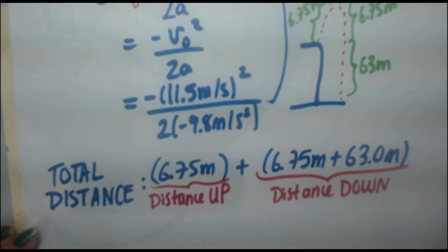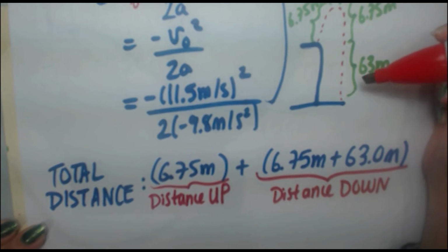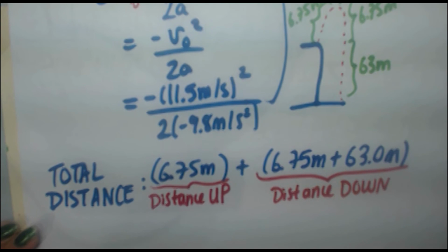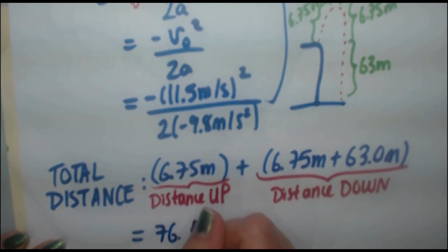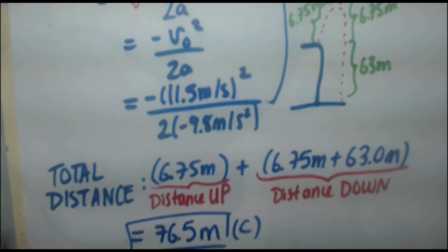So distance down, distance up. When you add those two together, you're going to get 76.5 meters, and therein is your answer to part C. What total distance did it travel? Wow, that was a long problem, 3 pages.